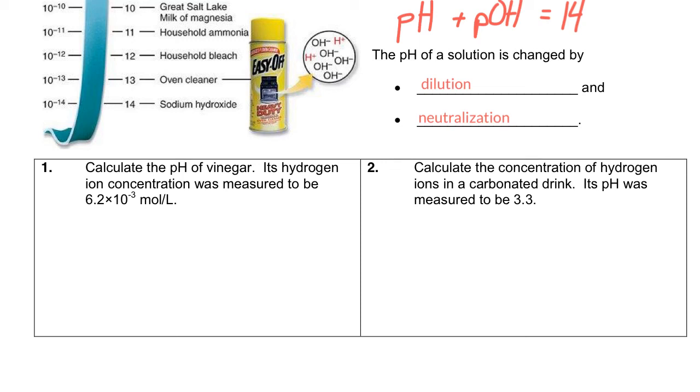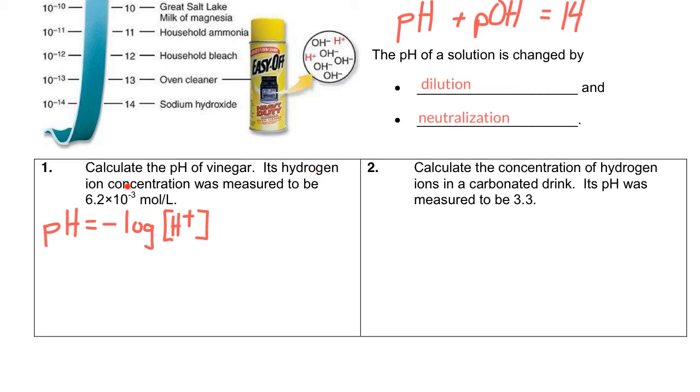So first off, this question says, calculate the pH. I'm going to stop right there. To calculate pH, remember the formula I just showed you. pH is equal to negative log of the hydrogen ion concentration. So let's continue in the question. Calculate the pH of vinegar.